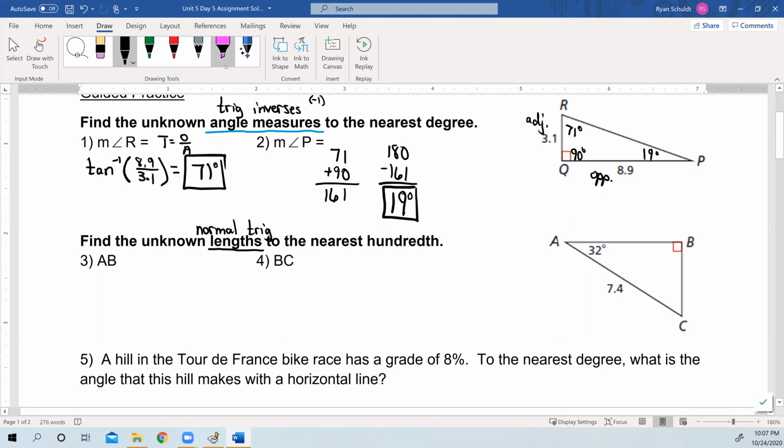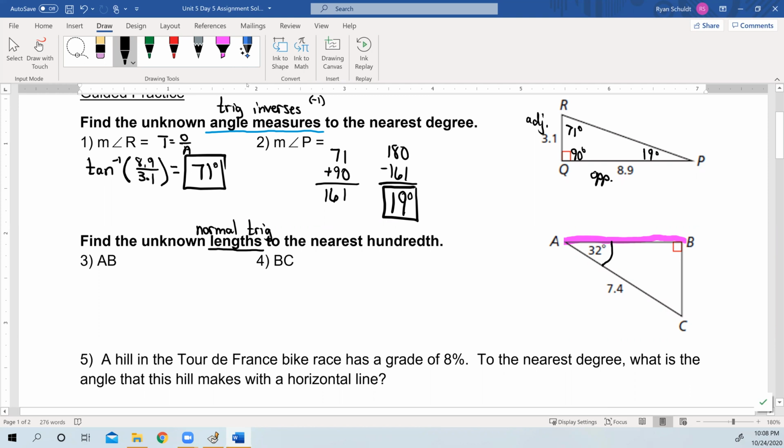Okay, first one they ask us for is AB. So AB right here. Well, how does this relate to the angle? It's next to it, so it's either got to be our hypotenuse or the adjacent leg.